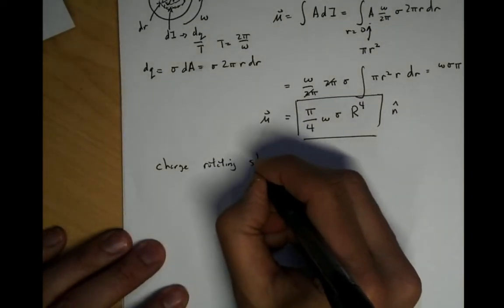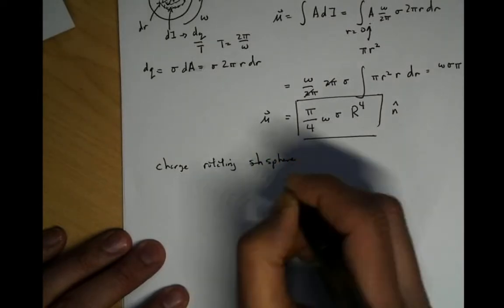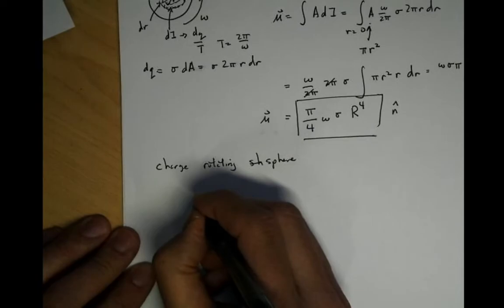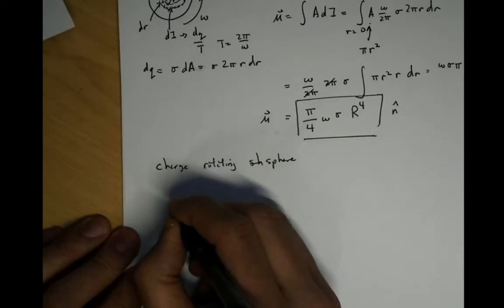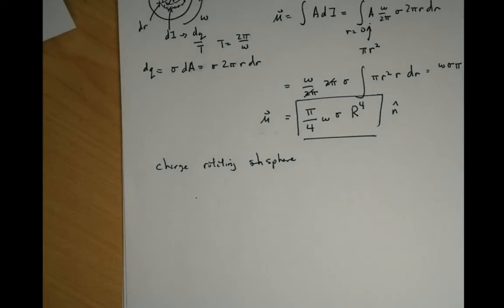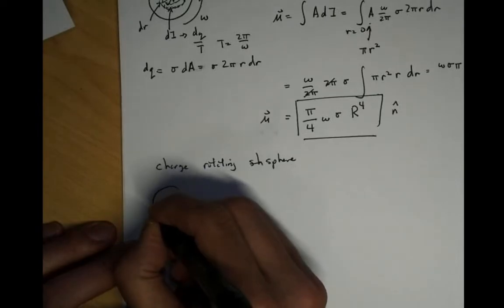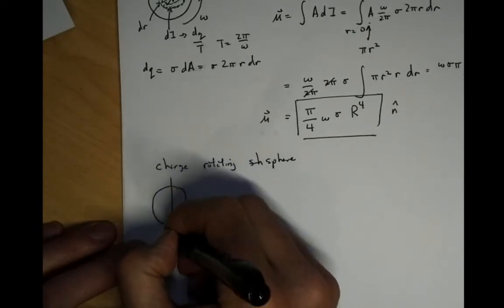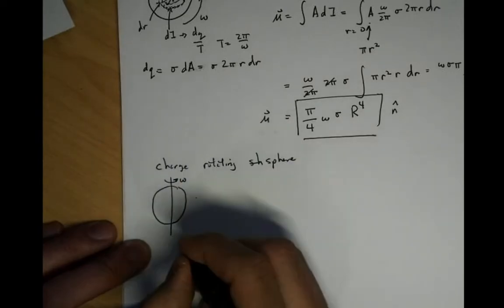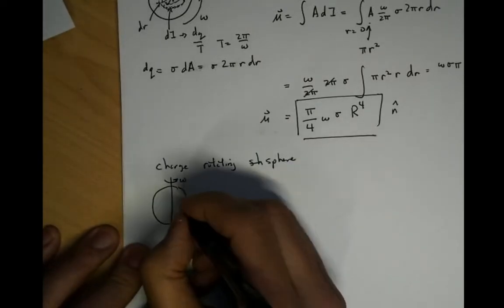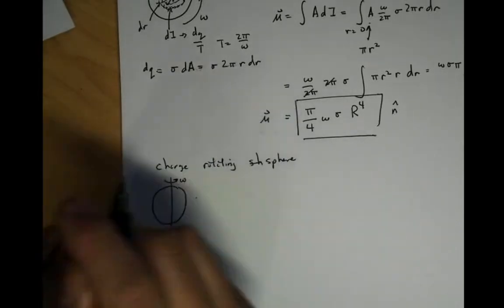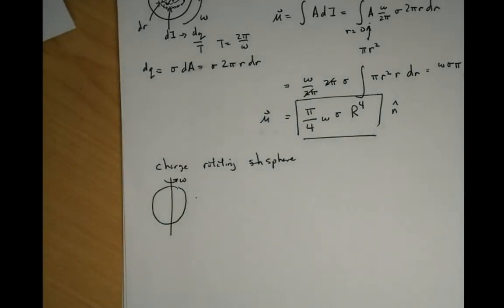Okay, so I'm going to take my sphere now. Let me think, what's the easiest way of doing this? There's my sphere. I'm going to spin it along its axis with some angular frequency omega here. And now, what is the way that I end up doing this? This is slightly tricky.